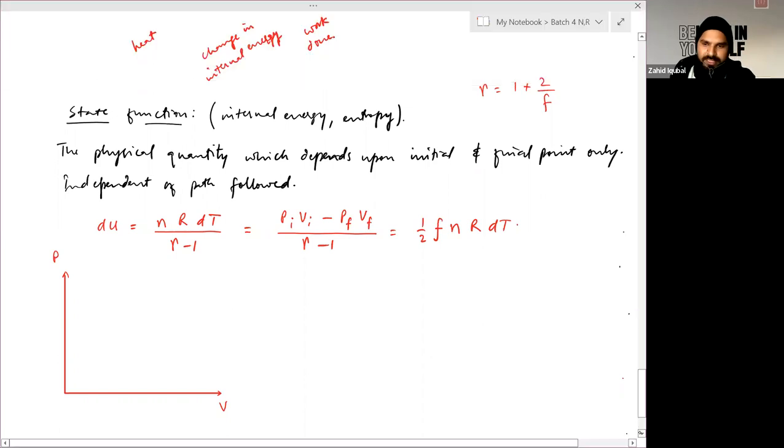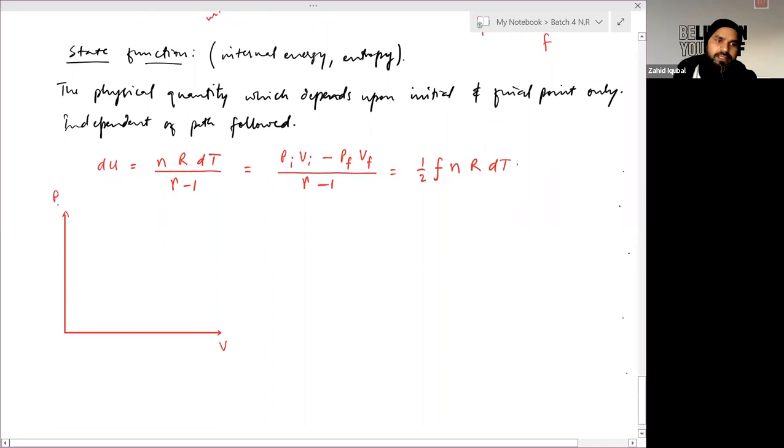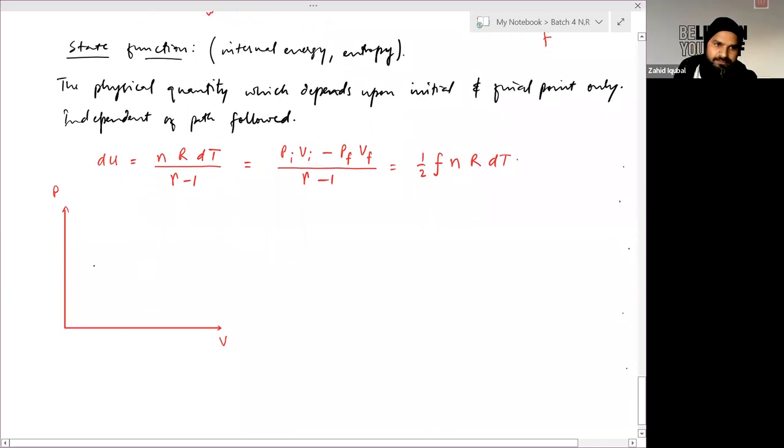Suppose there is a graph between pressure and volume for a gas going through three different processes.